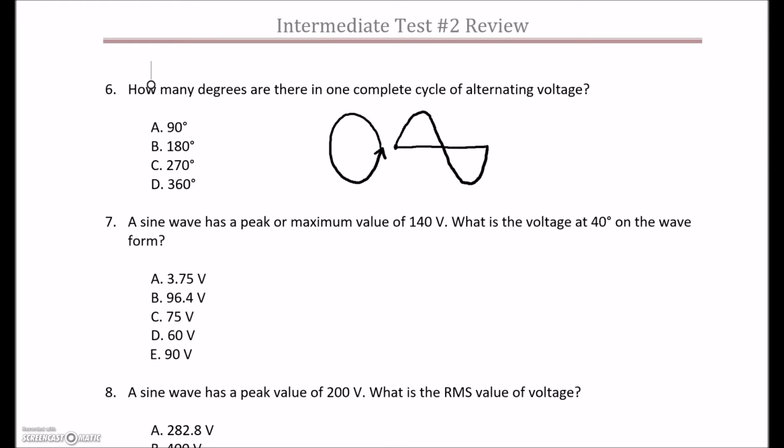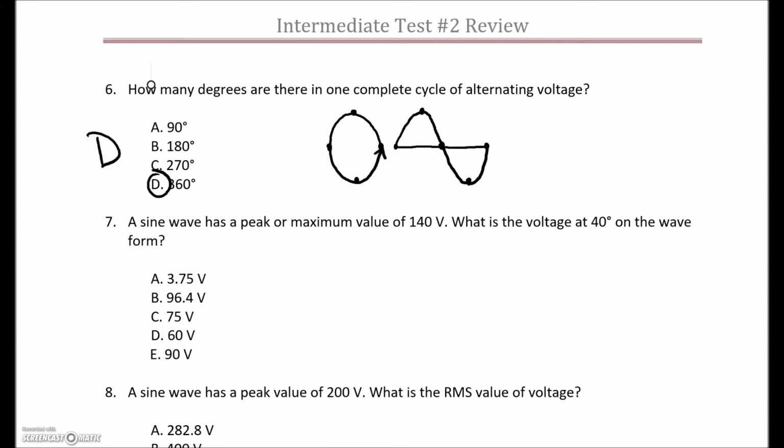This point corresponds to here. Our peak voltage corresponds to here. At 180, we're at 0 degrees again. At 270, we're back at a peak voltage. And then at 360, we are back at the 0 point. So that 360 degrees of rotation of the generator provides us with that 360 electrical degrees on our sine wave.